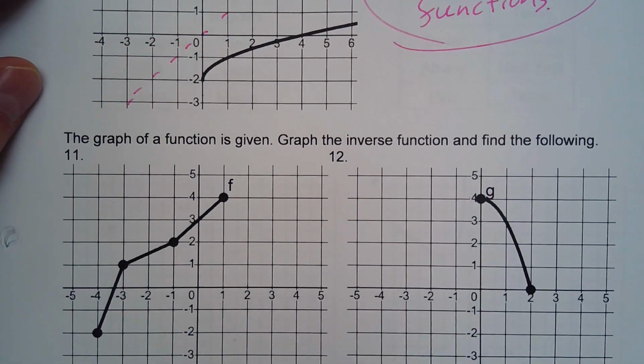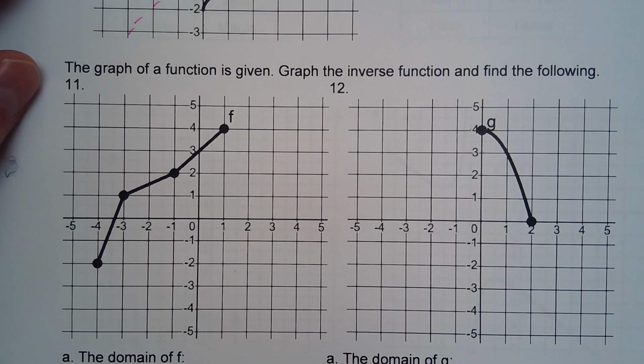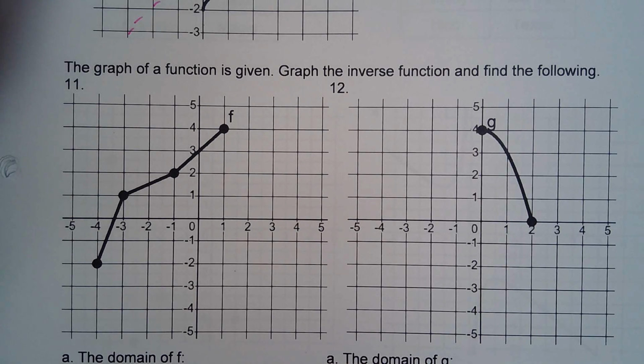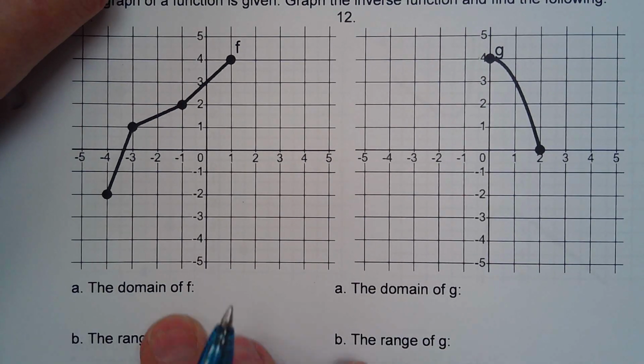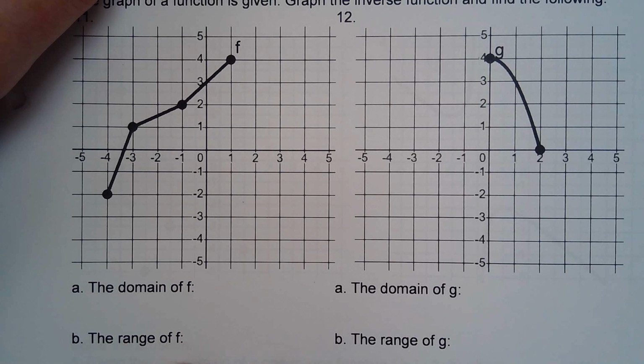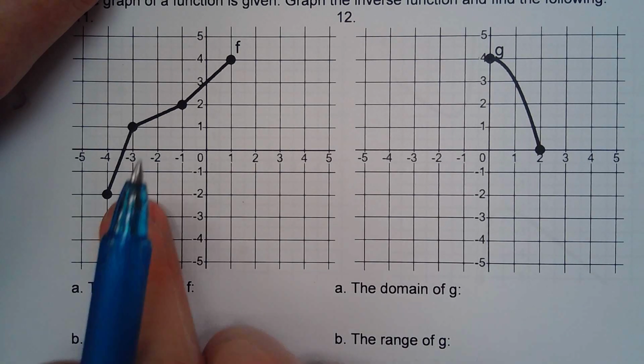So let's look at problems number 11 and 12. Look at problem number 11. The graph of a function is given; graph the inverse function, and find the following. We can already find the domain of f and the range of f, because we already have it drawn.